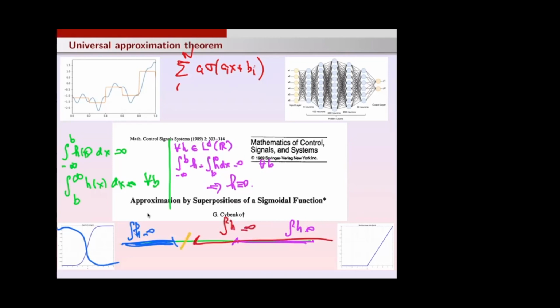And you take a different half line to the left, and the integral of h is 0 as well here. So how can you show that a function h, so that all these integrals on half lines are equal to 0, is equal to 0?